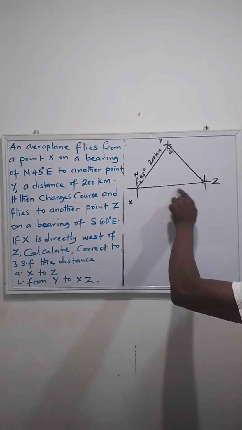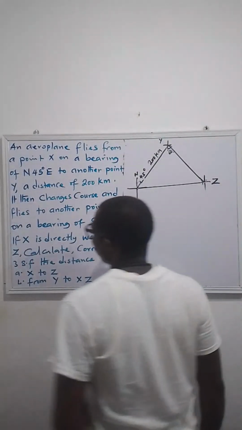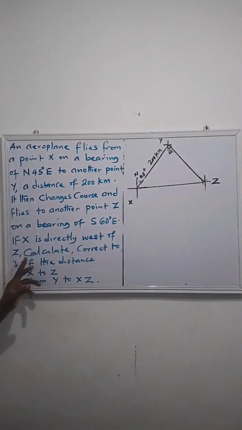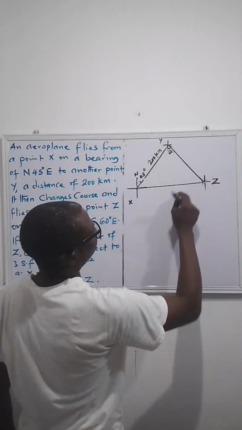That's the question. The question says, calculate correct to three significant figures the distance X to Z. This distance is what we want to get.